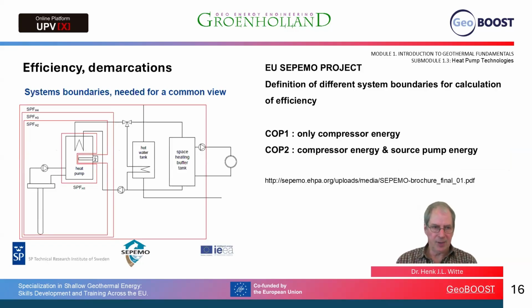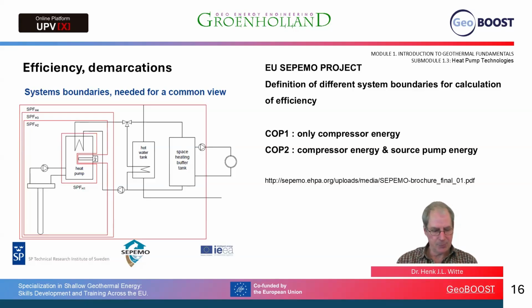Now, there are different efficiency demarcations. We've talked about the compressor. We've talked about the ground source pump, but obviously we can also have a pump on the user side. We can have additional electrical heating and all kinds of other energy users in the system.